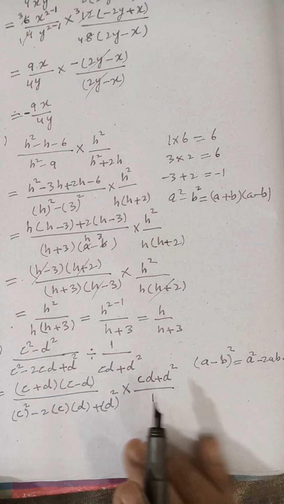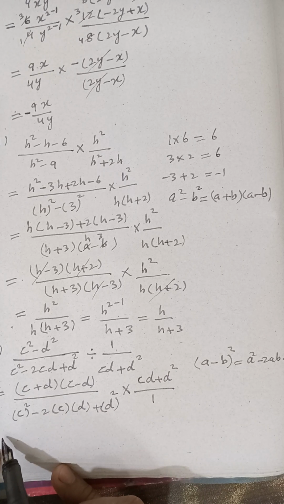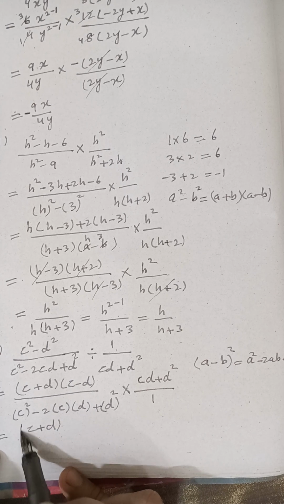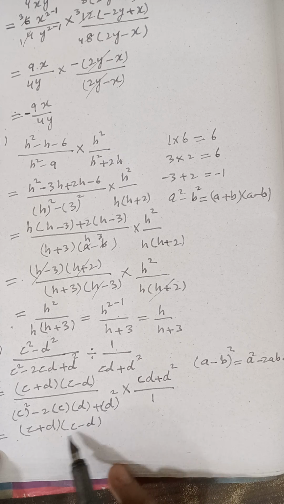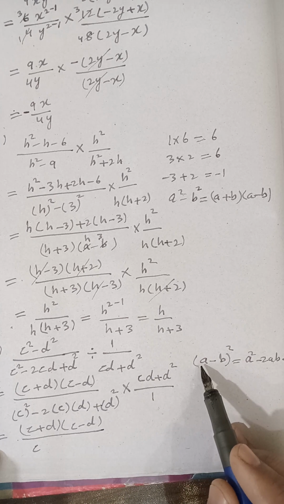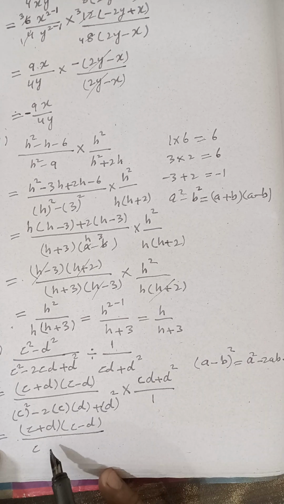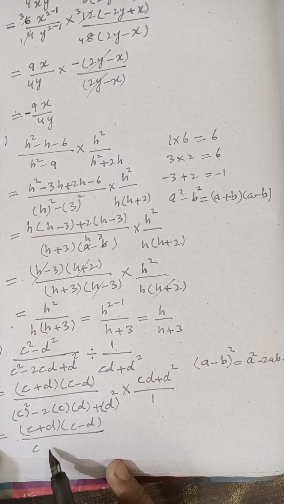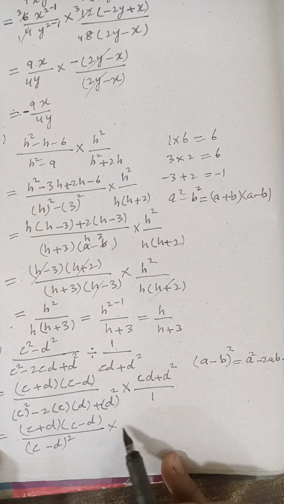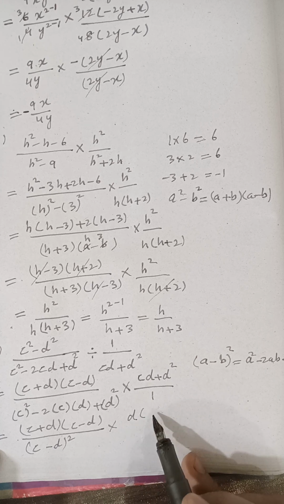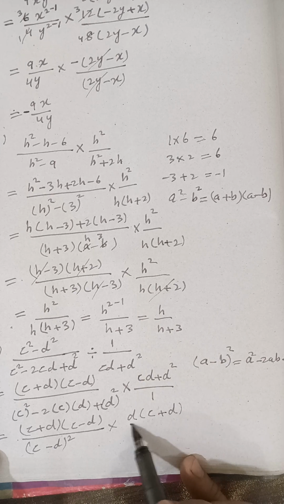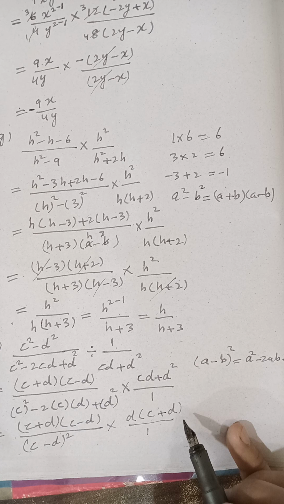And now you see here that you can write this term as such, while the term at the denominator will change into c minus d whole square, and from here you can take d as common, and then c plus d will remain inside the bracket over 1.